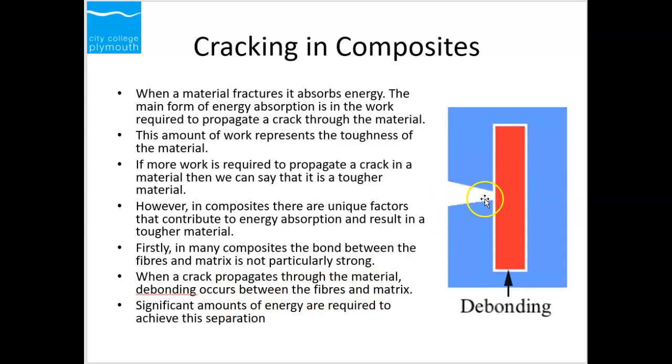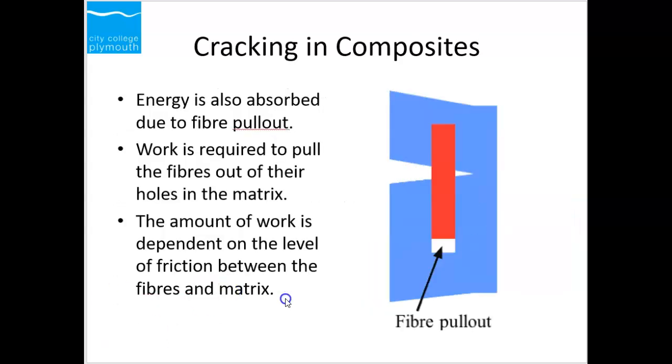After you apply a significant amount of energy, energy will be absorbed due to fiber pull out. Work is required to pull the fiber out of its hole in the matrix. The amount of work depends on the level of friction, or the level of bonding, between the fiber and the matrix.